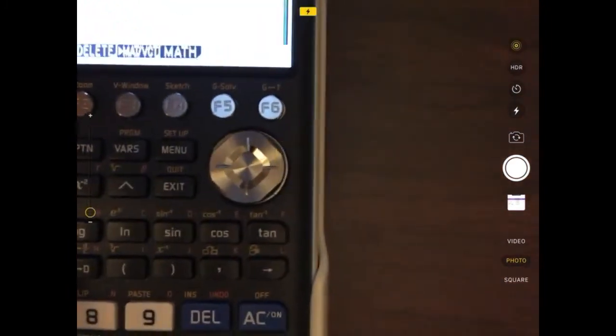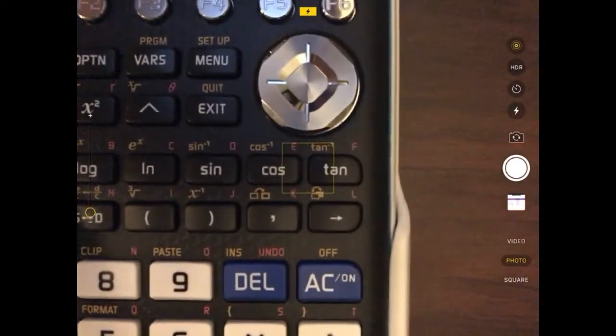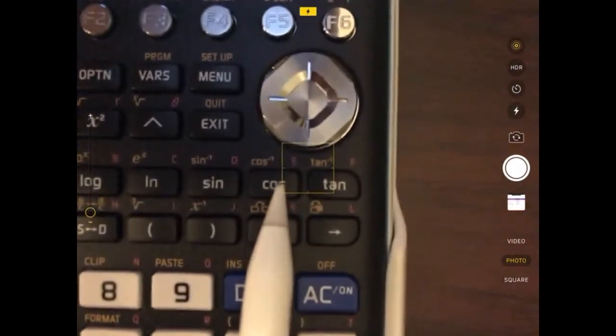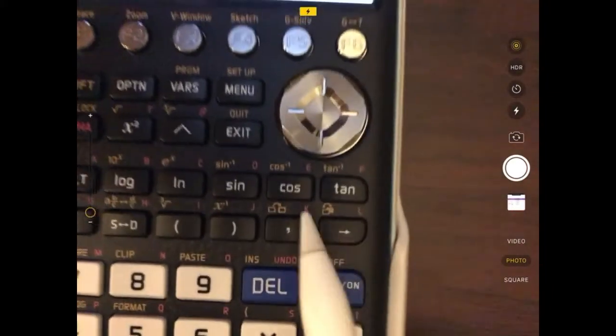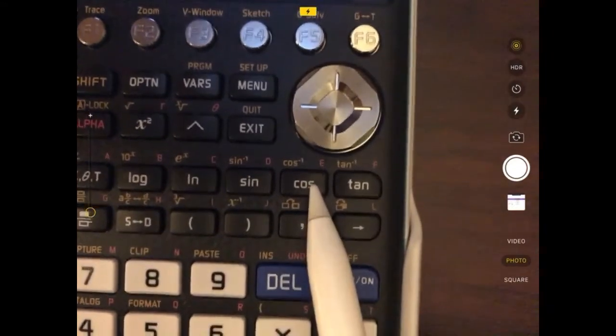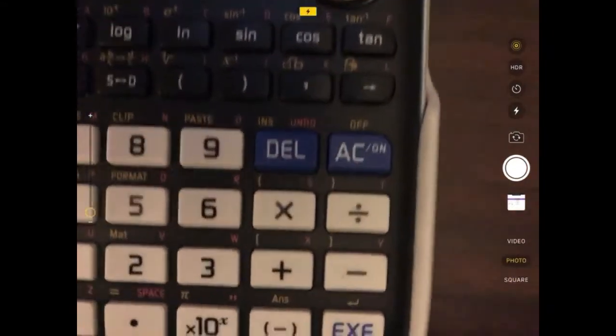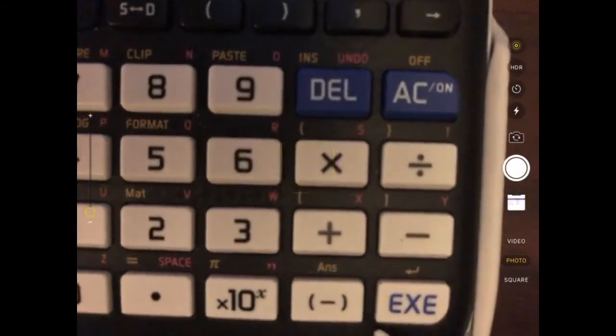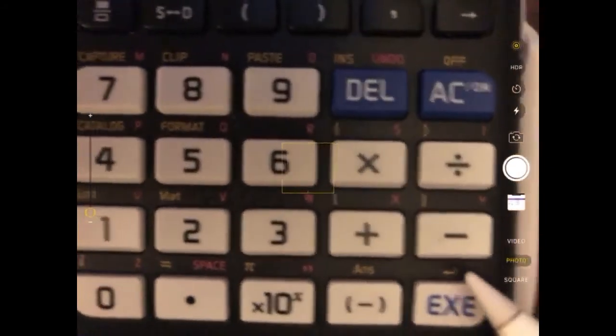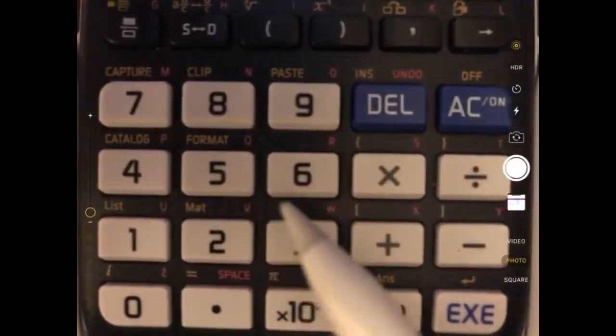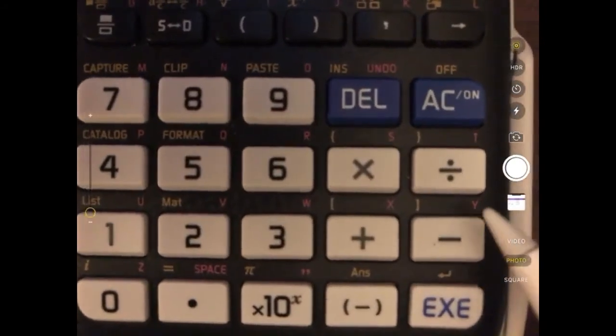Now there's another way that we can do this, and it's by looking for the letter e. If I look real closely, I can see the letter E right here. That actually is just an alphabetical letter. There's a lowercase e that is here.